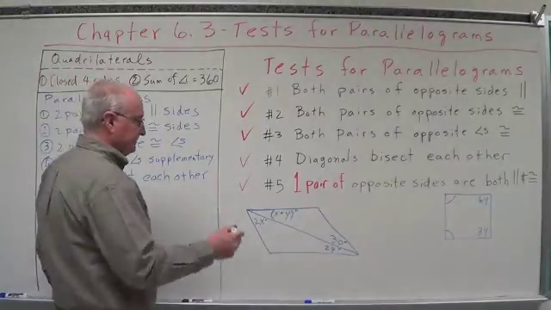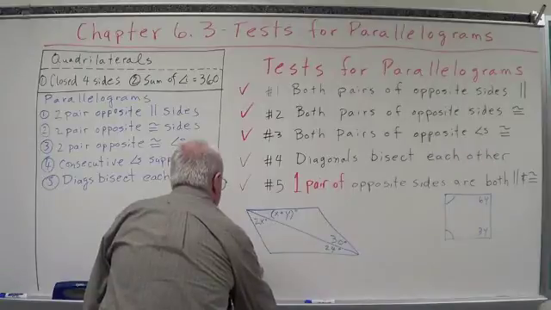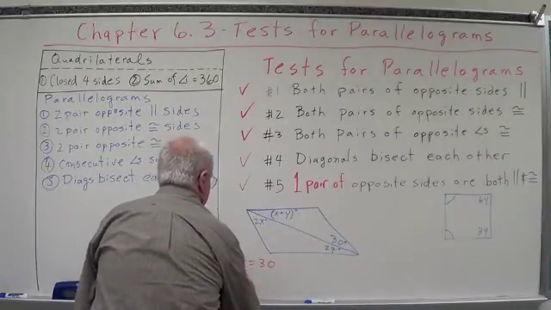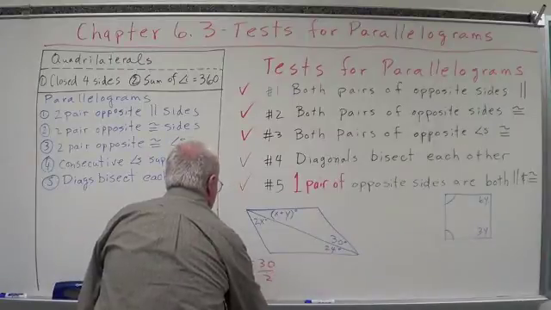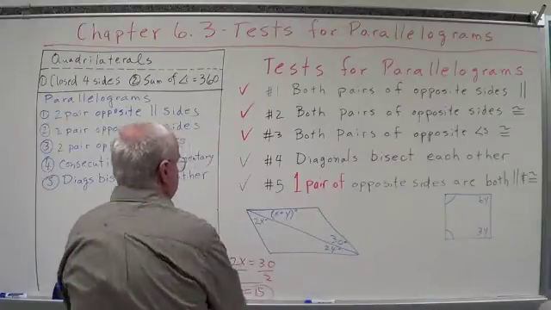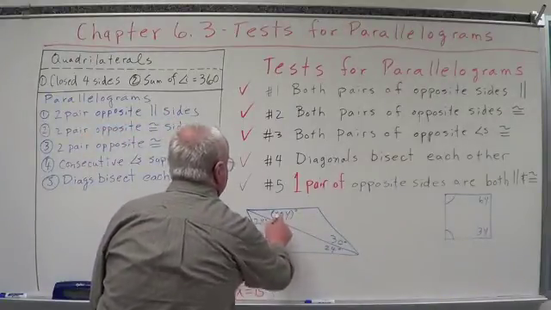So let's do that. Let's first of all find out what x is. 2x equals 30. Divide by 2, divide by 2, x equals 15. All right? So that's our x. Now let's plug x into here.